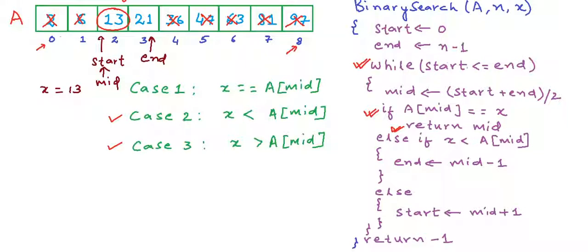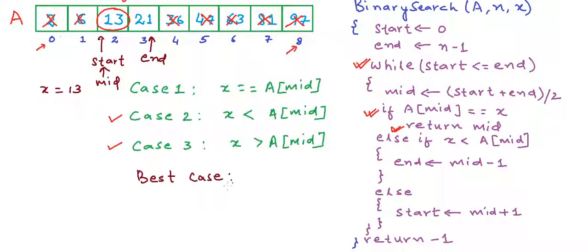When start is less than end, then we still have search space. When start is equal to end, then our search space has only one element. So when this condition becomes false, we have exhausted our search space. We need to exit the loop and we need to return minus 1 to tell that the number x does not exist in the array.